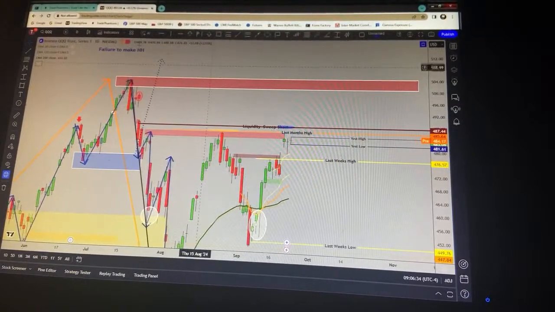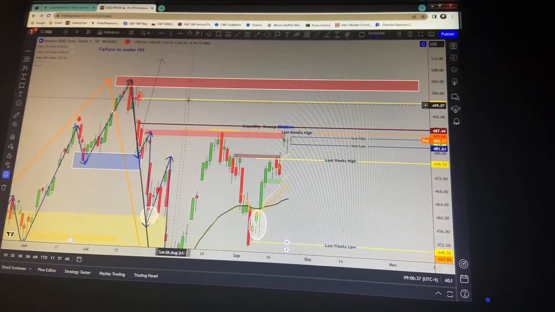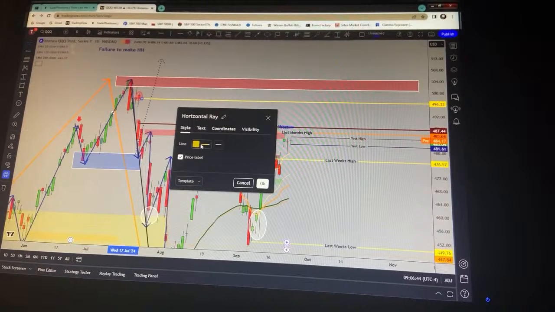So you might want to pin this on your chart. On Qs, there's an unfilled gap right up here. See this gap over here to the left? So you might want to just put a pin on that. That comes in at roughly 496.30s.